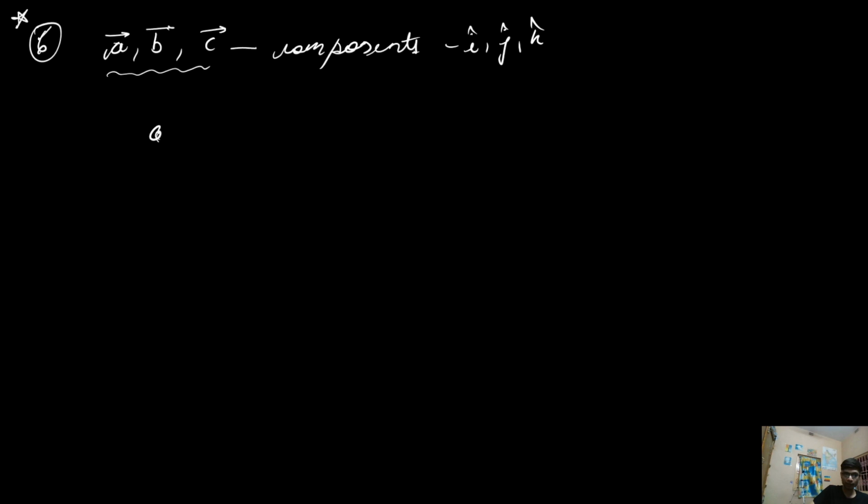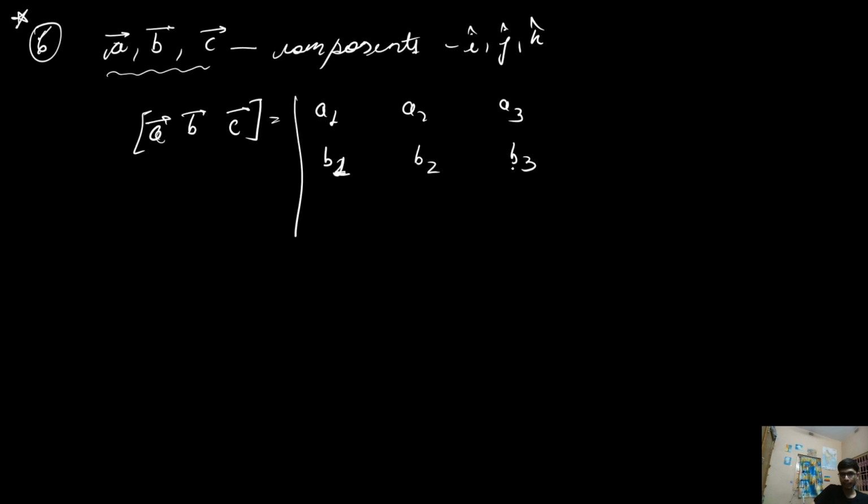In order to calculate the scalar triple product, you just have to compute the determinant such that the first row is formed by the components of vector a, the second row by the components of vector b, and the third row by the components of vector c. If you compute this determinant value, you will directly get the result of the scalar triple product. I hope this condition is very important and clear to all of you.